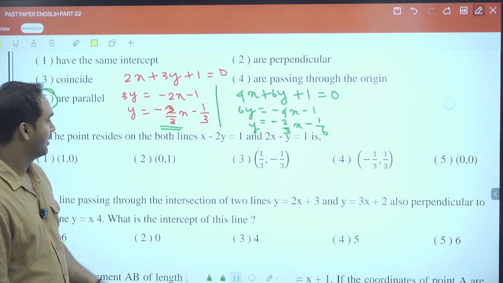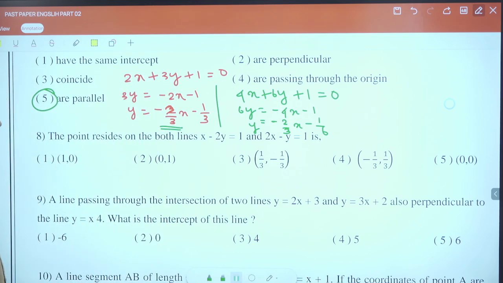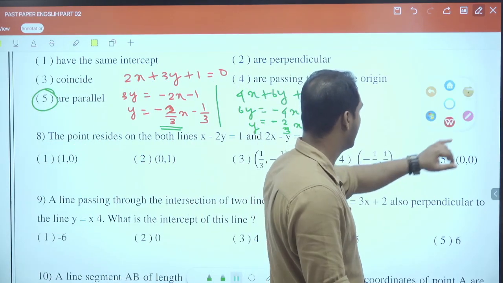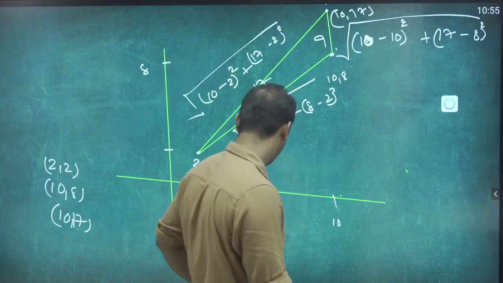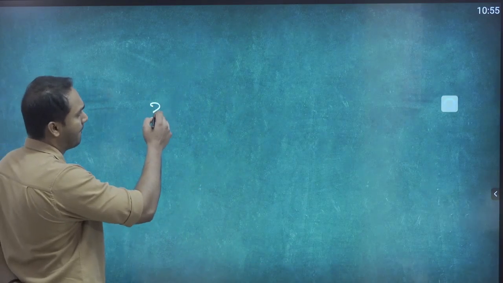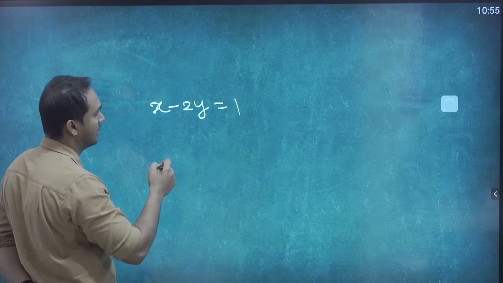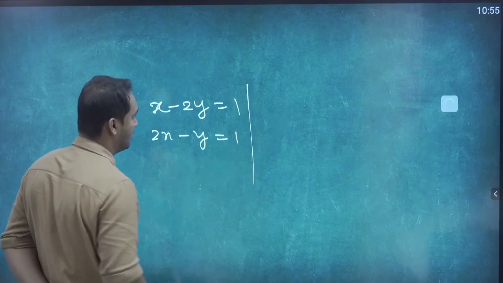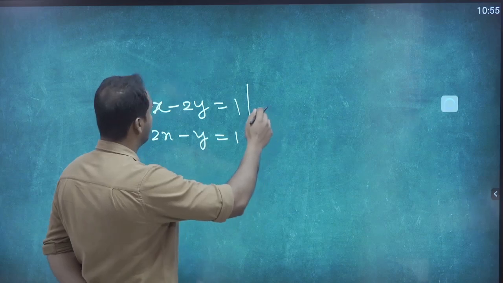Shall we try it? So what are the two lines? x minus 2y equals 1, and 2x minus y equals 1. Good. You have to convert these into the proper form before simplifying.